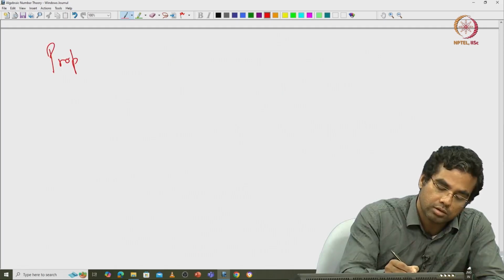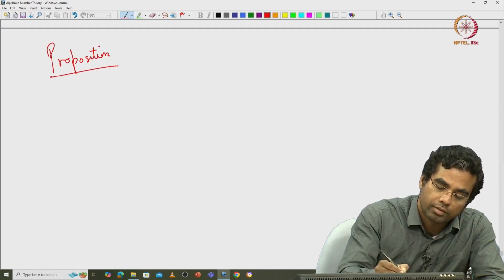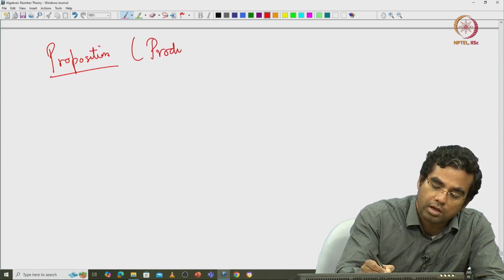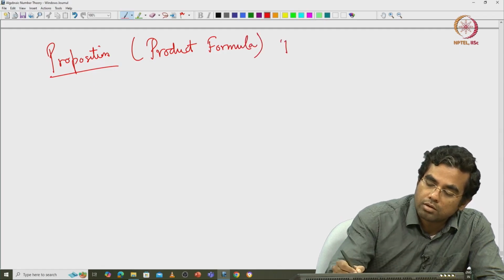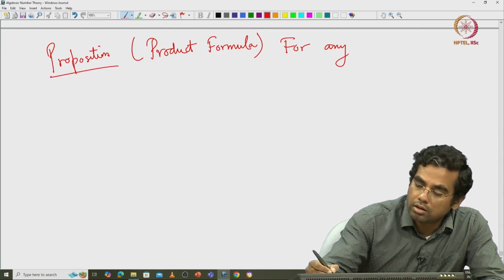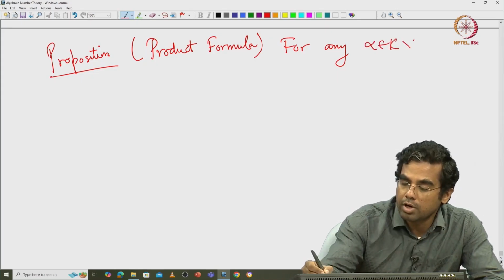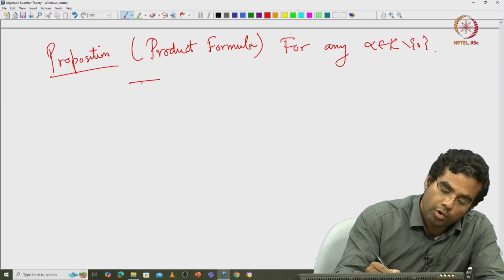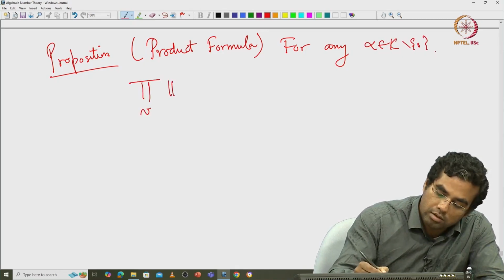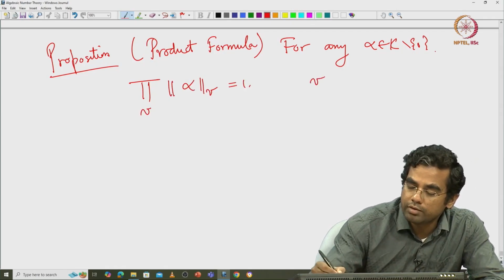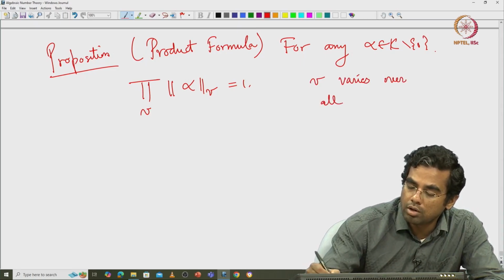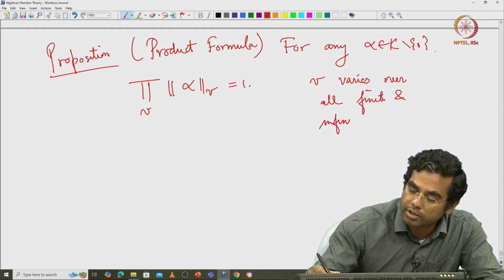So, proposition, this is called the product formula. For any alpha in k minus 0, the product over all V of the valuation is equal to 1. So, V varies over all finite and infinite places.